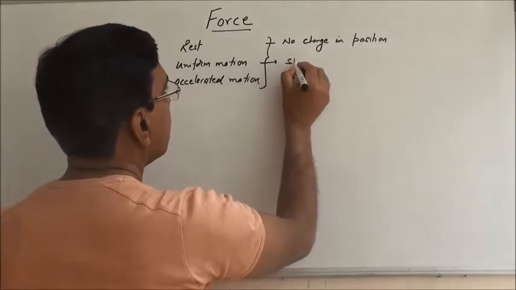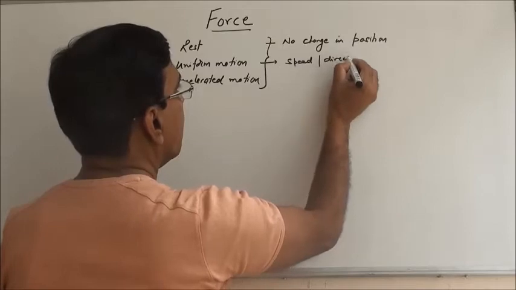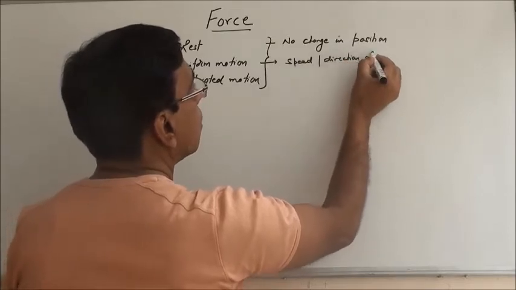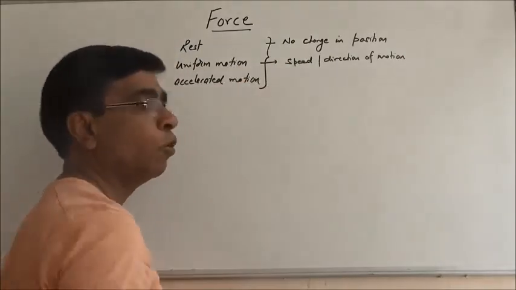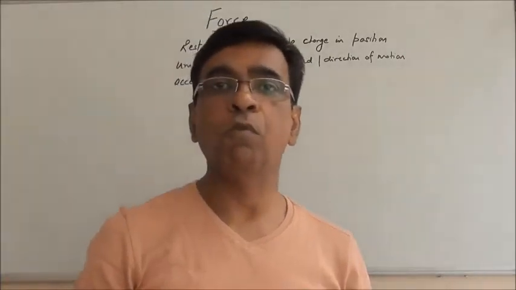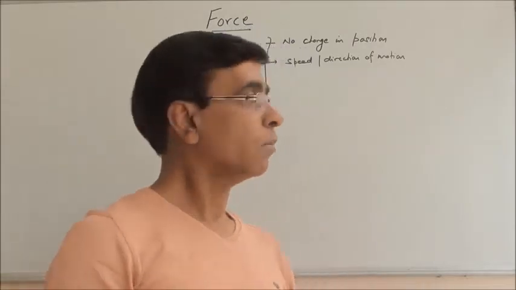Uniform motion takes into account two things: speed and direction of motion. So a body is said to be in uniform motion when it is moving with constant speed in a particular direction.